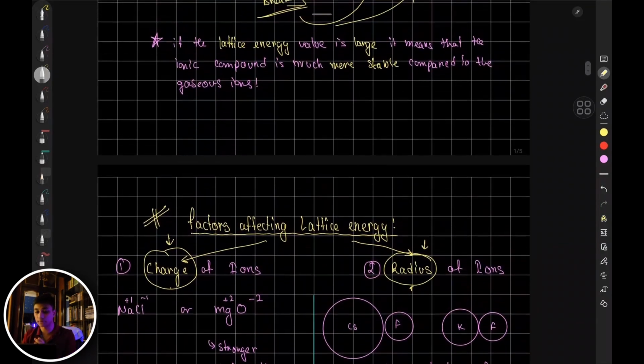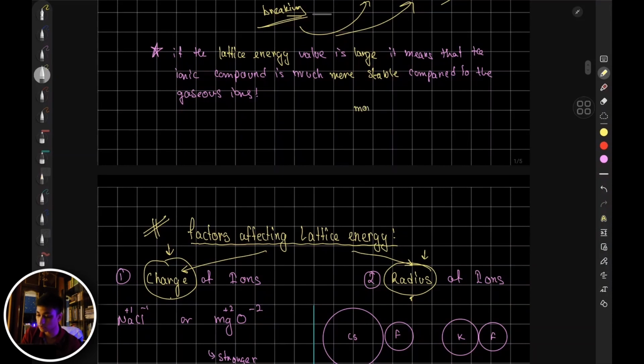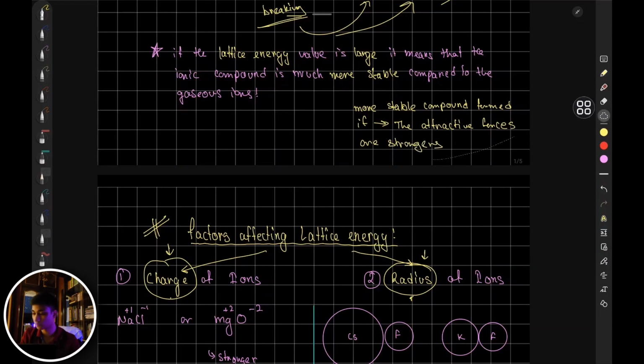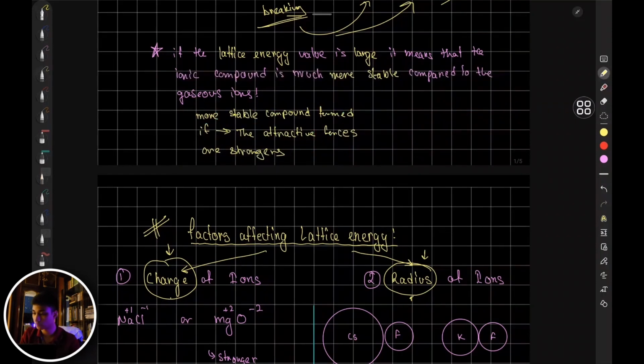So what is happening? A more stable compound is formed if the attractive forces are stronger. When will the attractive forces be stronger?